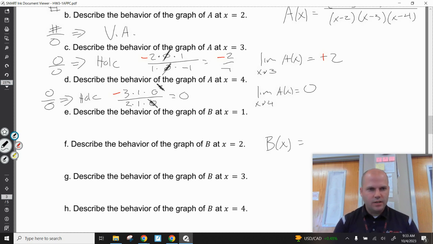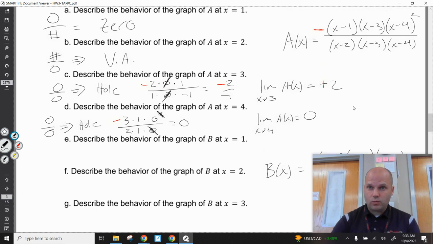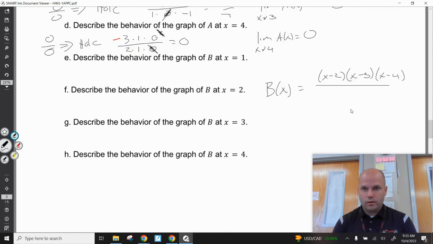So B of x is x minus 2, x minus 3, x minus 4, over a negative x minus 1, x minus 3, x minus 4 squared.